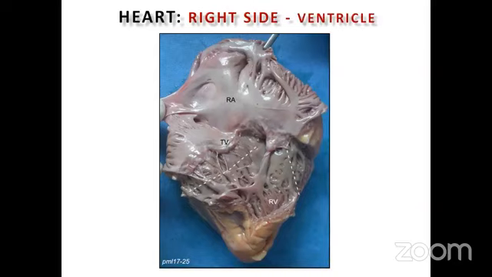Now, the morphology of the right ventricle leads to subdivisions into three important components. That is the inlet, the trabecular or the sinus component, and the outlet component. The inlet component extends from the tricuspid annulus to the attachment of the chordae tendineae.